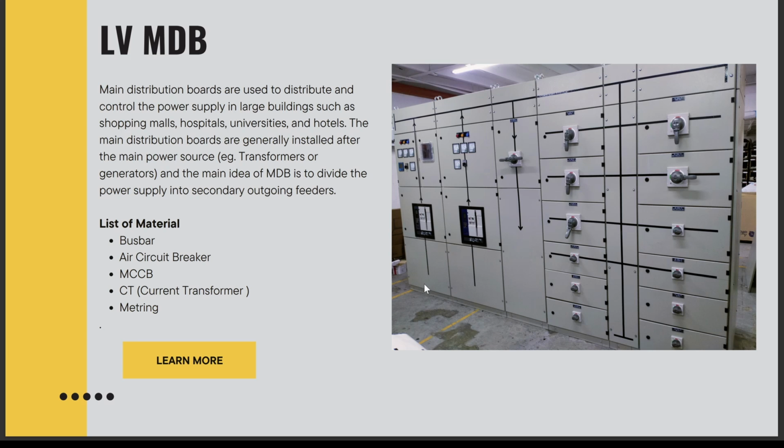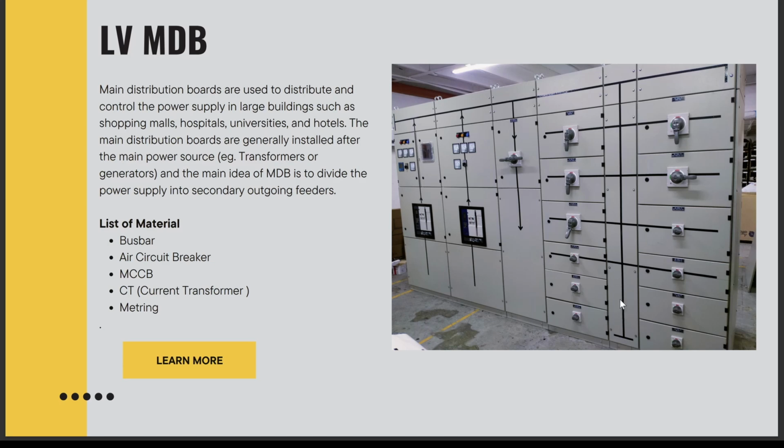The main cables come here, connected with the main breaker, and power goes from here. This black line you are seeing is the busbars; these are all busbar directions. And this one is the generator ACB. Whenever the main power supply is disconnected, for standby purposes the generator will be on. And this same busbar is attached to the main busbar.